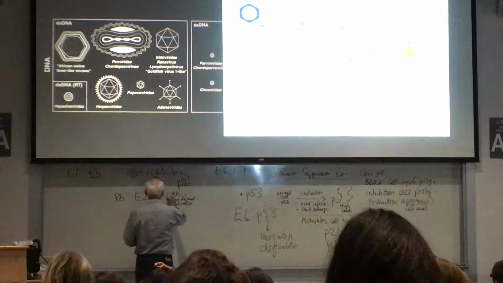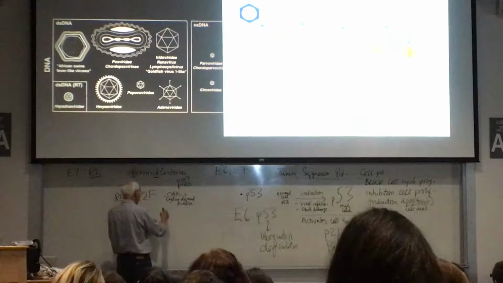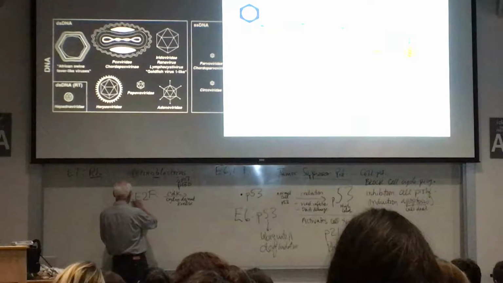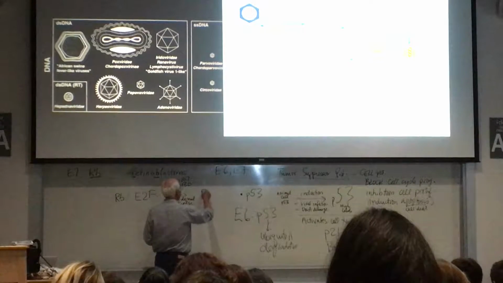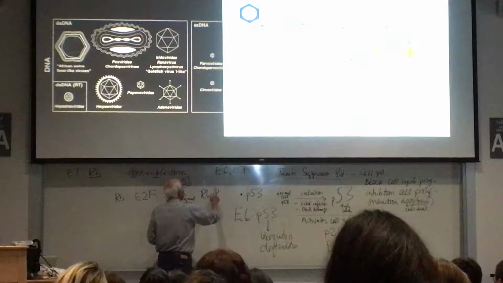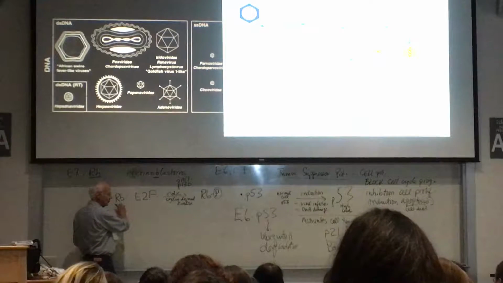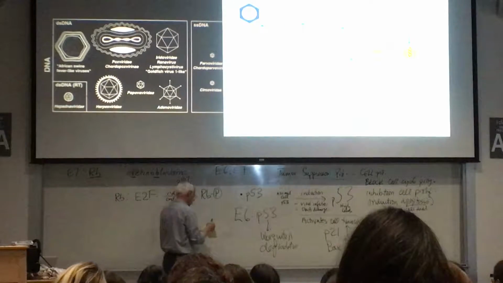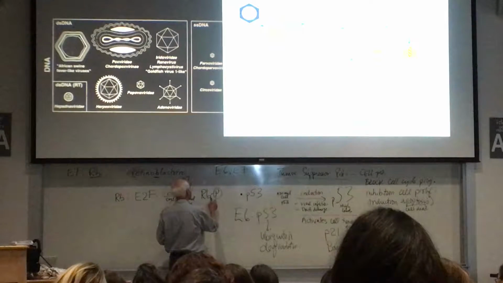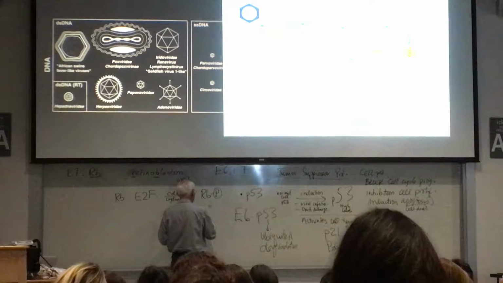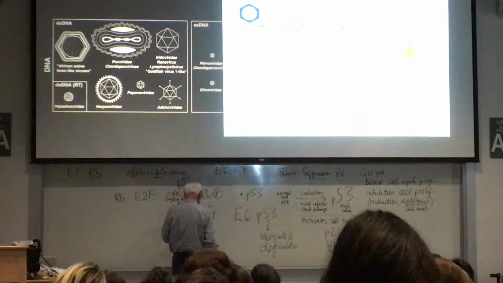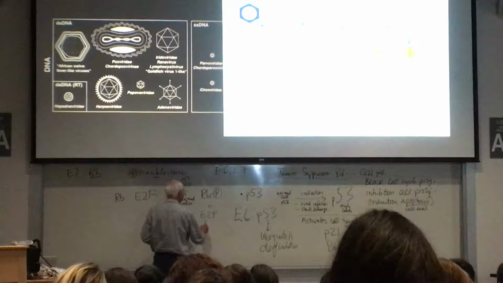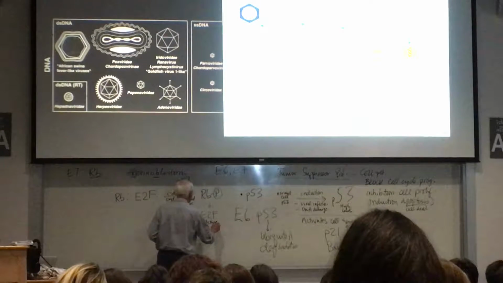And CDK then, when activated, causes the phosphorylation of RB. And so when RB is phosphorylated, it dissociates from E2F. So when RB is phosphorylated, then you get E2F that's dissociated, and E2F now is active.